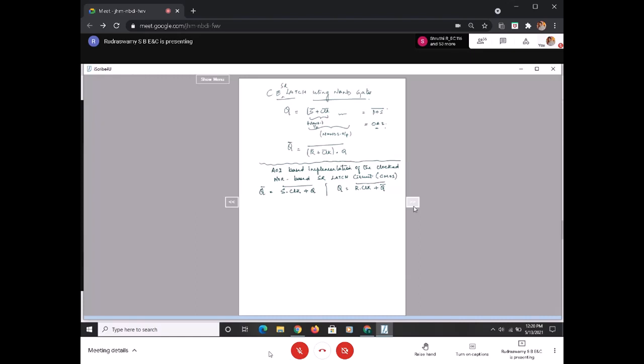Make sure that this is a NOR based one we are doing. So I can have one structure for Q bar and another structure for Q. I'll go with Q bar. I have S.